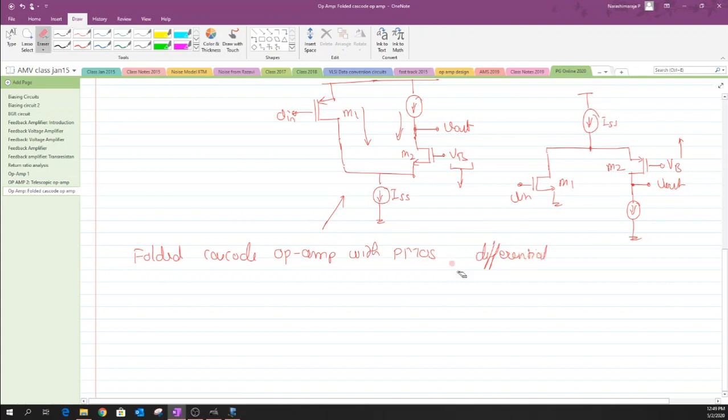Let me just remove this, and with PMOS differential inputs, let us try to do this particular circuit setup. The only thing that we have to really think about is a differential output. What we want to create is a differential output, and later we'll talk about one more configuration where the output is taken as single ended.